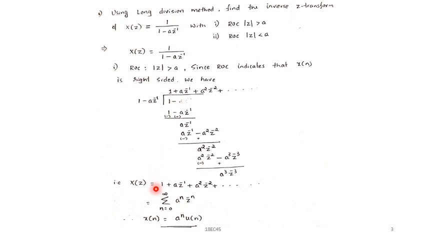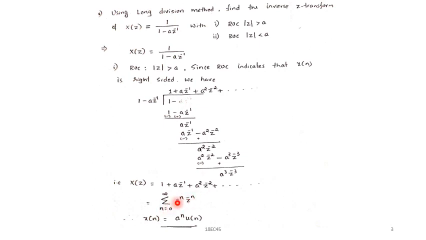X of z is equal to 1 plus a z inverse plus a squared z to the power minus 2. Then the next term will be a cubed z to the power minus 3. It continues till infinity. Now if I write it in the general form, I can write it as summation n from 0 to infinity a to the power n z to the power minus n.